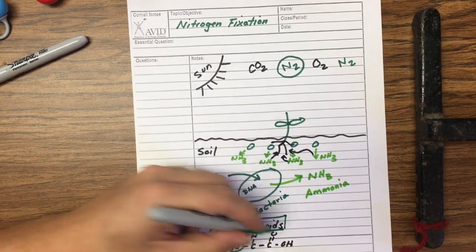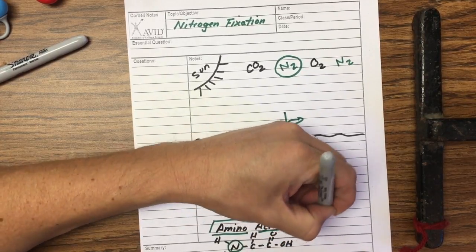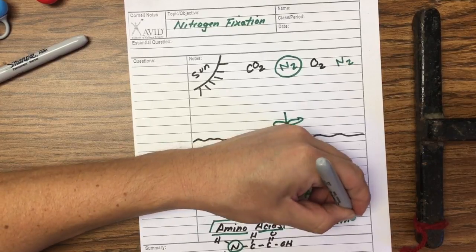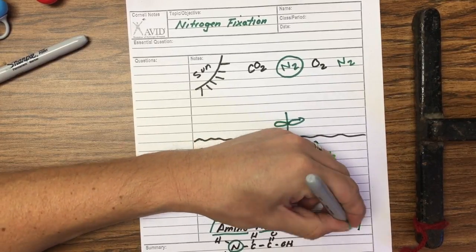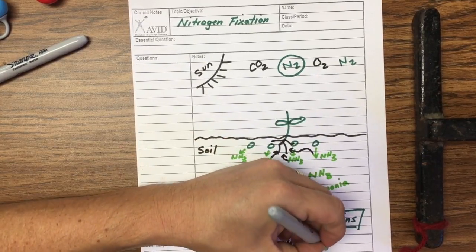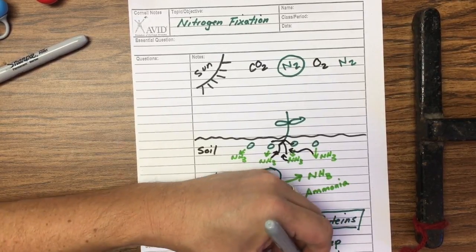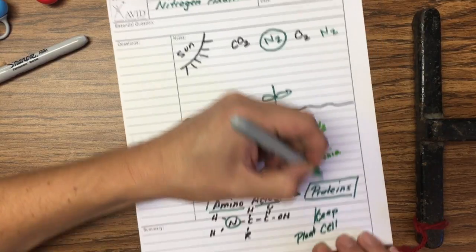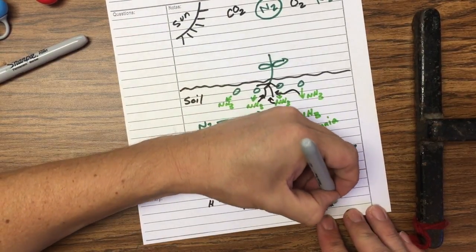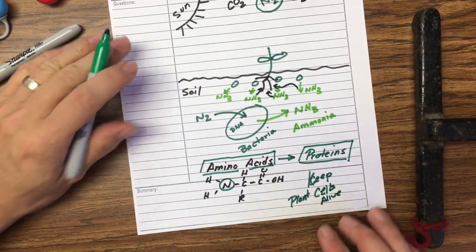Now that it has its amino acids, it can make proteins, and these proteins are going to keep the plant cells alive.